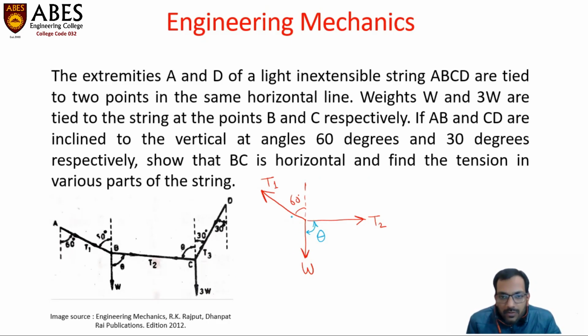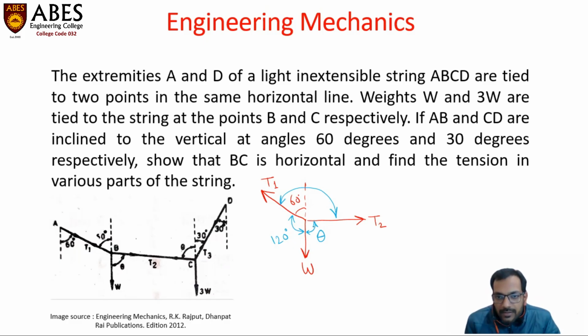Now, what is the value of this angle? The angle between T1 and W. Clearly, this vertical line is indicating the angle of 180 degrees. So this remaining angle, the angle between T1 and W, becomes 180 minus 60, that is 120 degrees. Now, what is the value of this angle? This complete angle, the angle between T1 and T2.